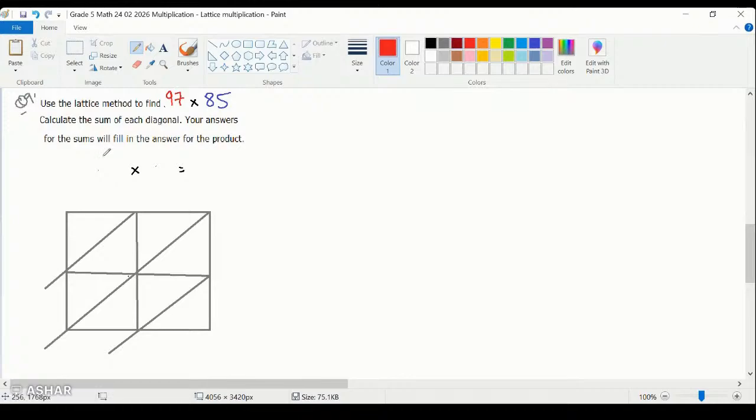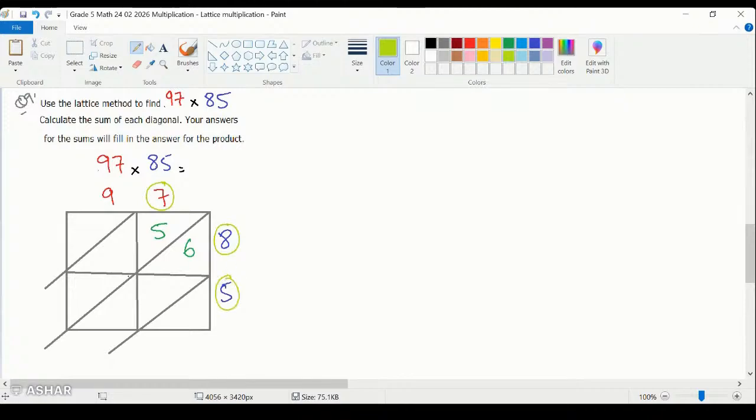So we can write 97 is to be multiplied by 85. So we know that 7 times 8. We can find 7 times 8, right? 8 times 7 is 56. We can write 56.